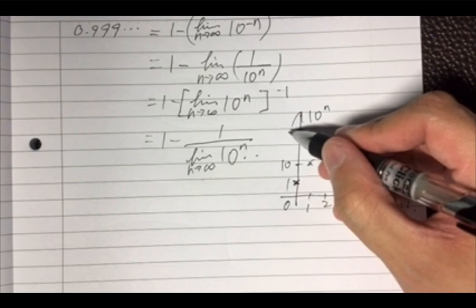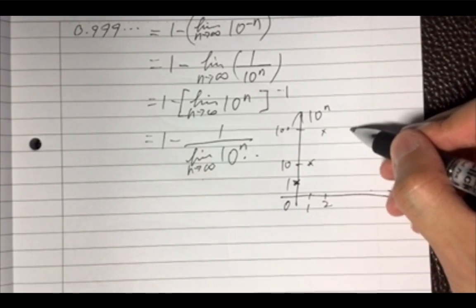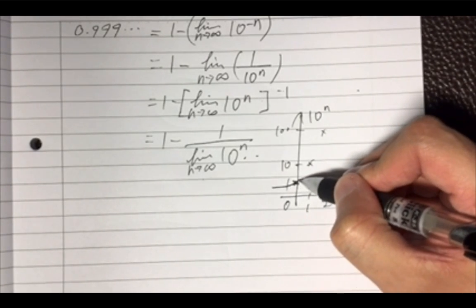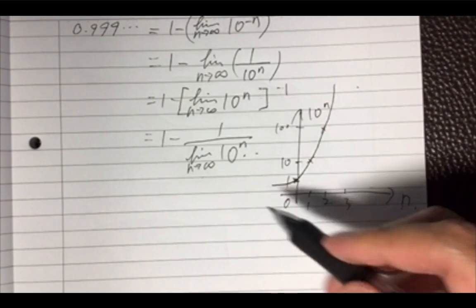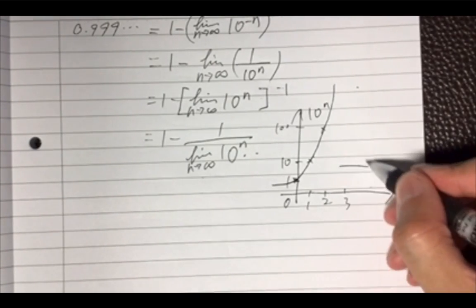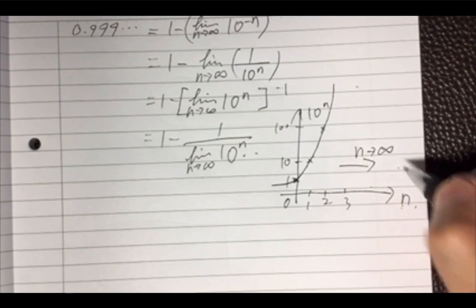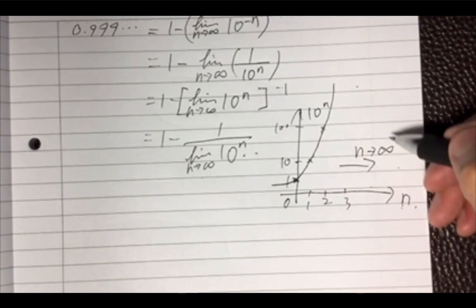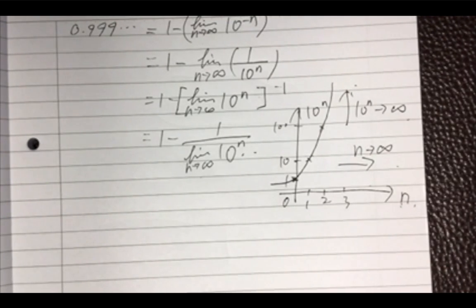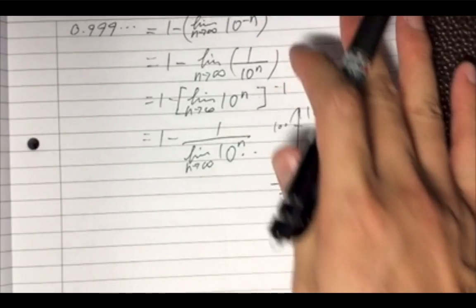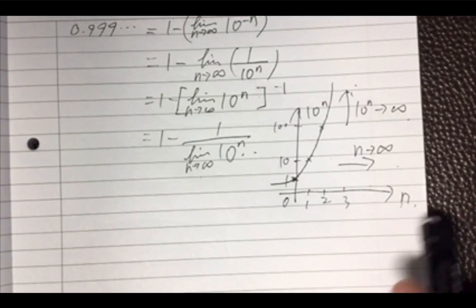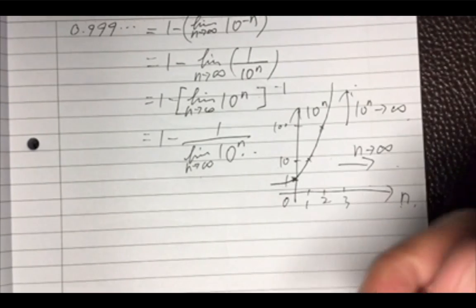When it's 2, it's 100. And when n is 3, it's 1,000. So from the drawing we can find it has a tendency of going all the way up. So when n is going to infinity, this 10 to the power of n will also be going to infinity, because they all become very great. This one goes to an extreme, so this one goes to an extreme as well.